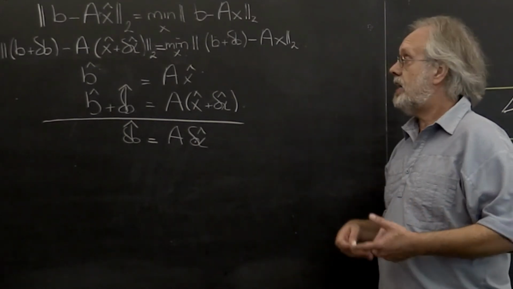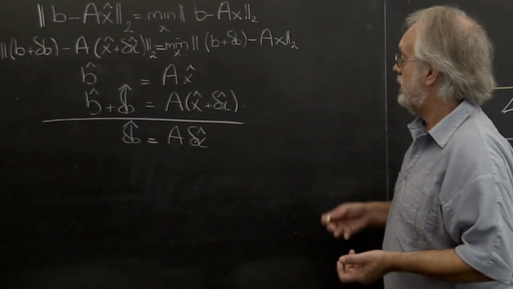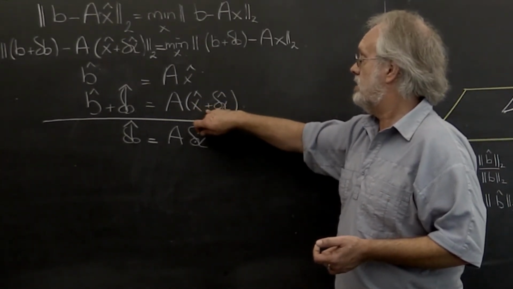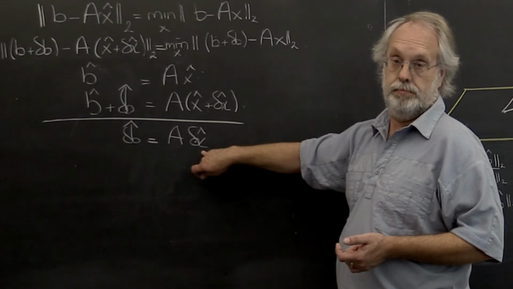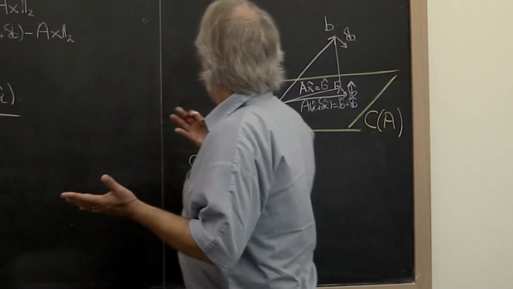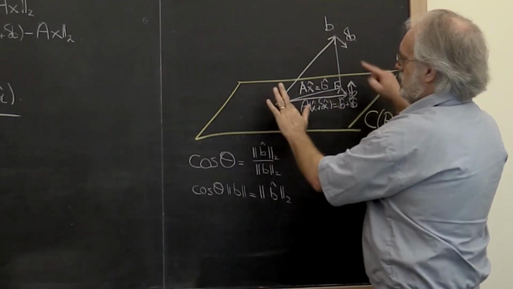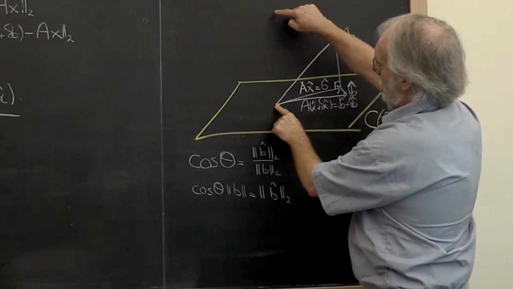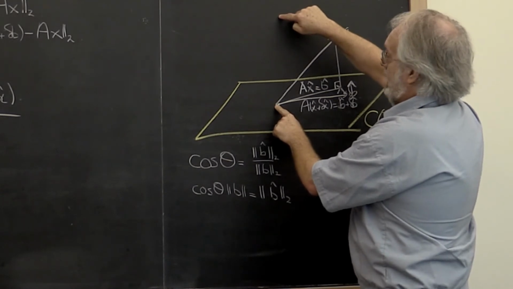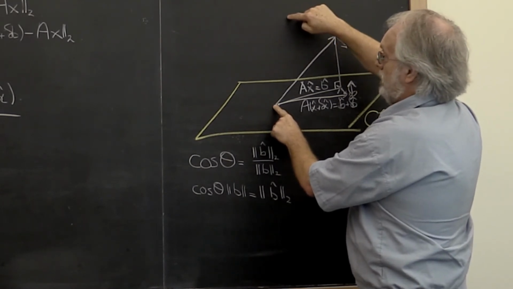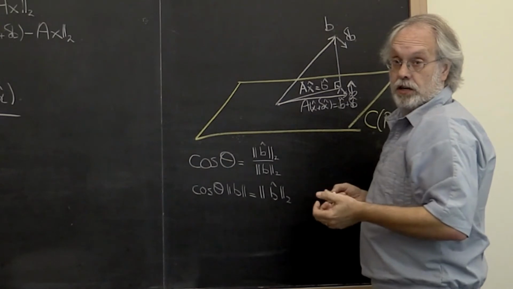Got it? Alright, so that's what we have written down right here. And just like when we looked at the conditioning of the linear system Ax equals b, we can take this and subtract off that to get this right here. Now you can imagine that the angle between b and the column space of A is important, because if b was almost orthogonal to the column space of A, then delta b could be relatively small, but the change in the solution could be very large.